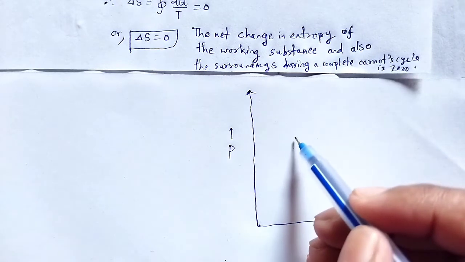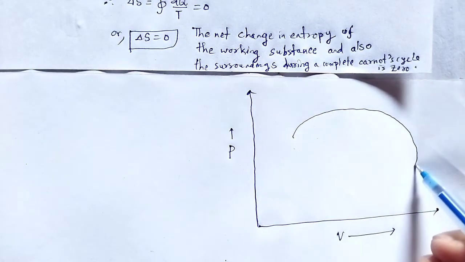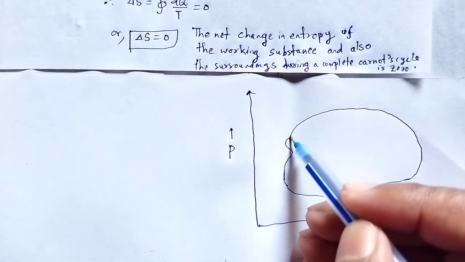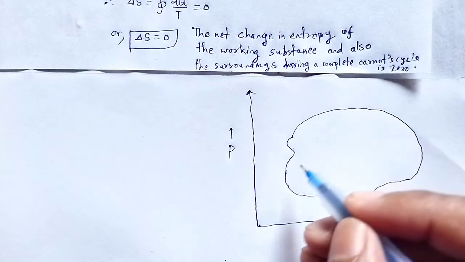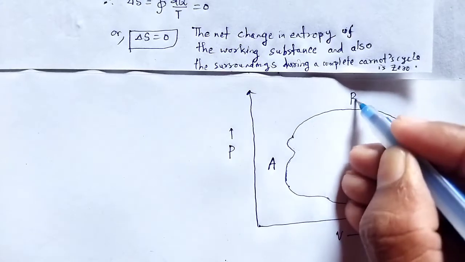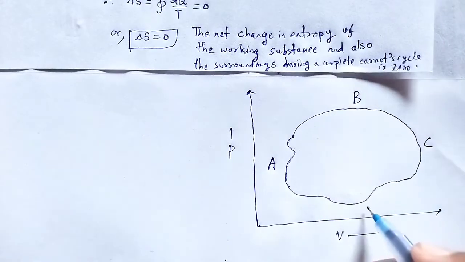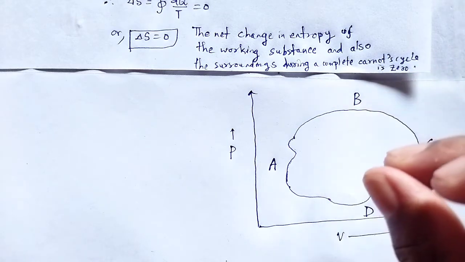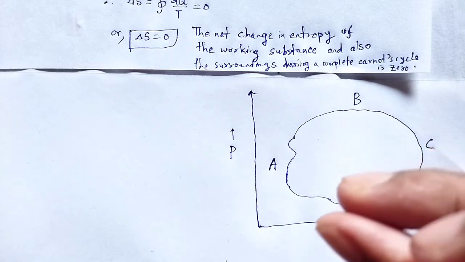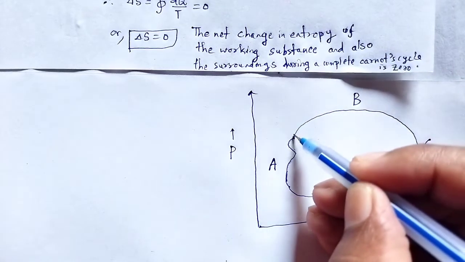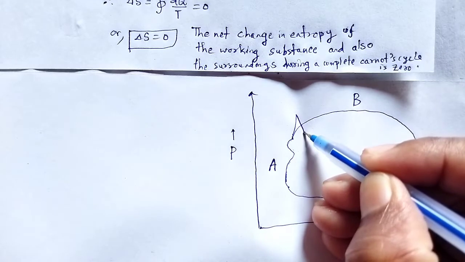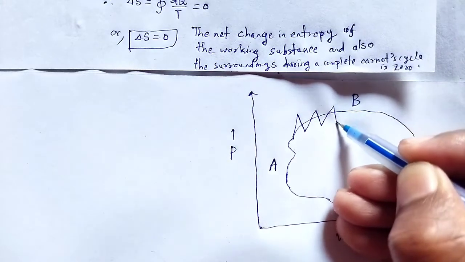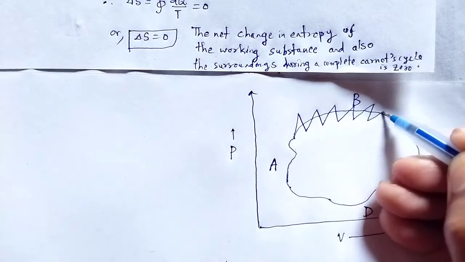We take a reversible cycle here, let that reversible cycle be A, B, C, D, and it consists of a number of elementary Carnot cycles.